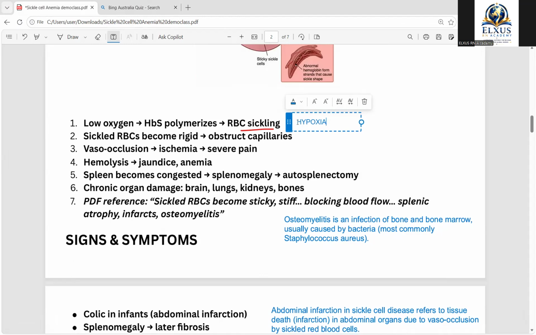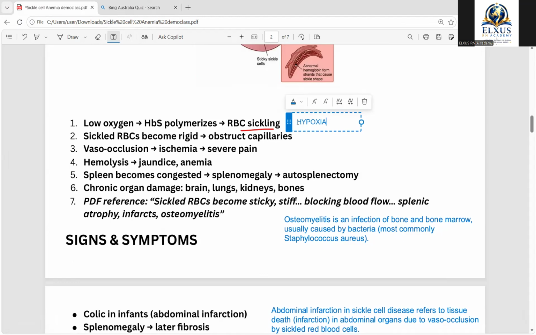But if the blood becomes thickened and hardened, the blood will not move through the capillary, and it can lead to what? Vaso-occlusion. That means the occlusion of the blood vessel. It can lead to ischemia, meaning low oxygen in the blood.